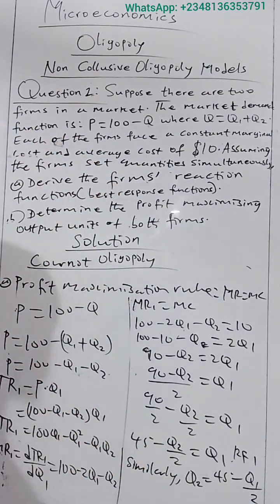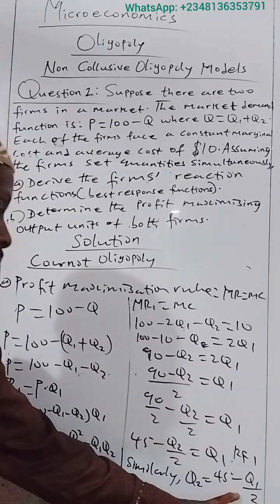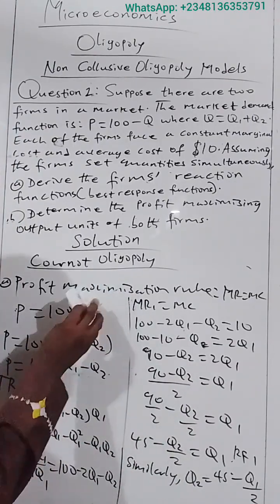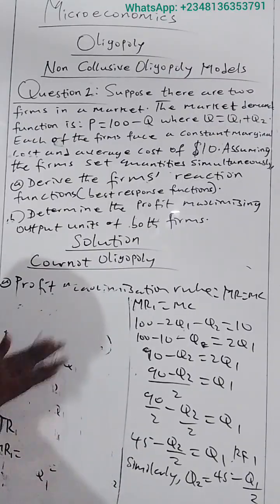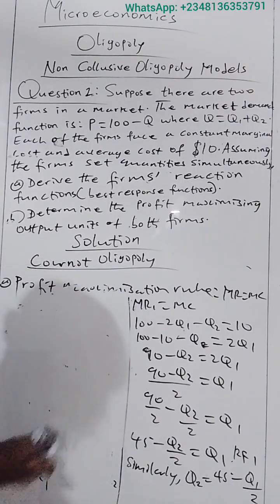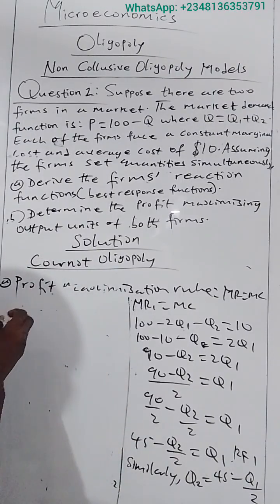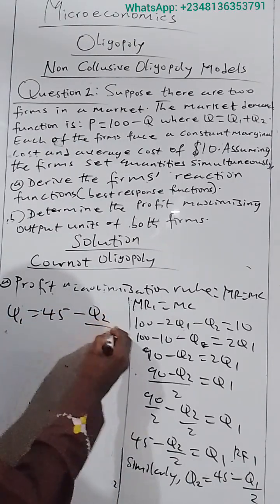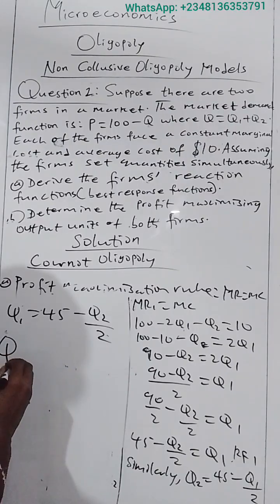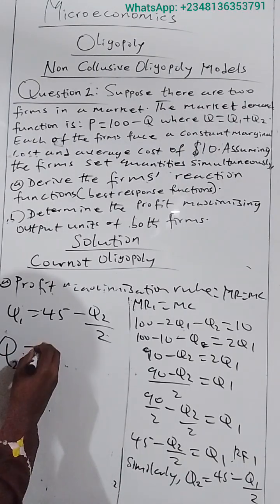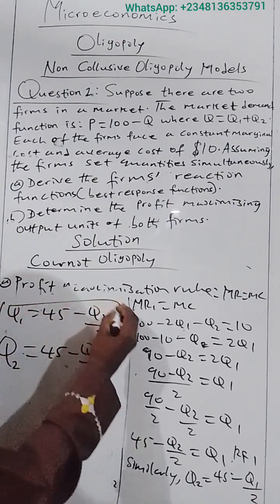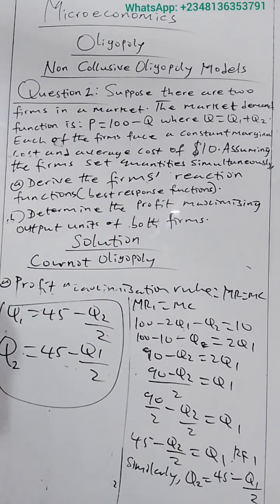I don't need to solve for firm 2 because I know this is symmetric. So the reaction function of firm 1 is Q1 equals 45 minus Q2 over 2, while the reaction function of firm 2 is Q2 equals 45 minus Q1 over 2. So these are the reaction functions of both firms.